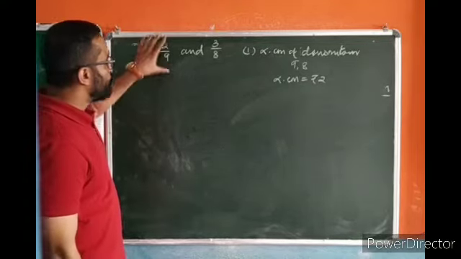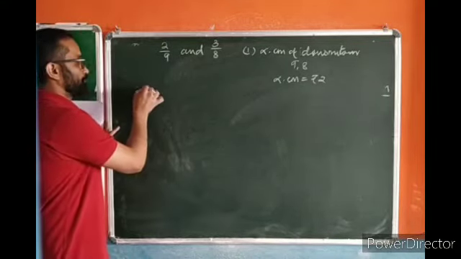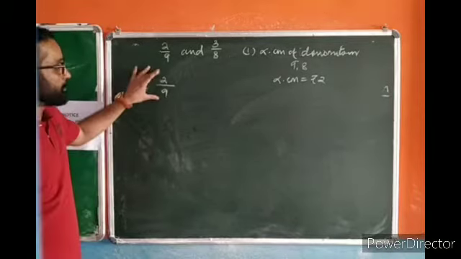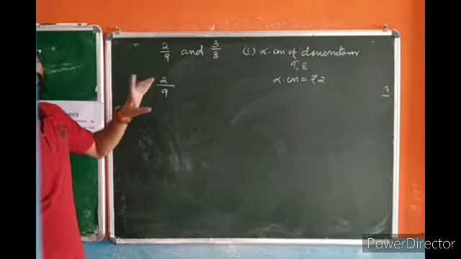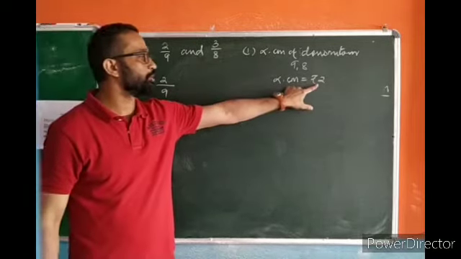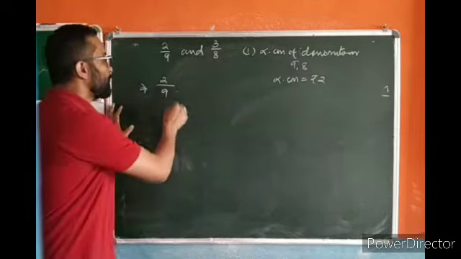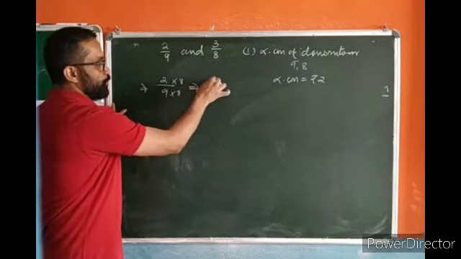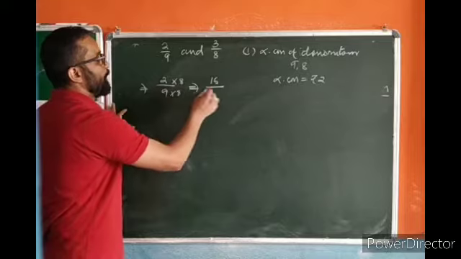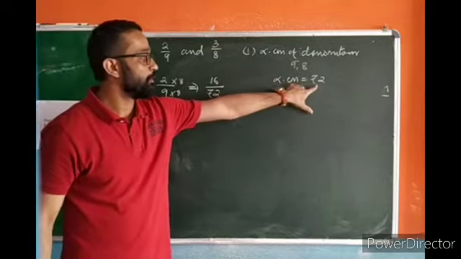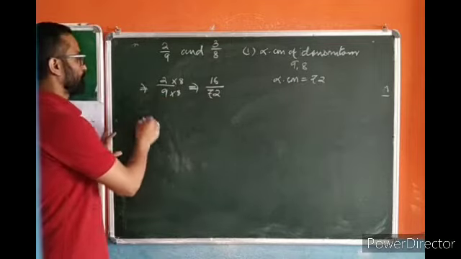Now we take the first one, 2 by 9. We multiply this rational number in such a way that the denominator becomes 72. So we multiply it by 8. 8 into 2 is 16, 9 into 8 is 72. The denominator has changed to 72.